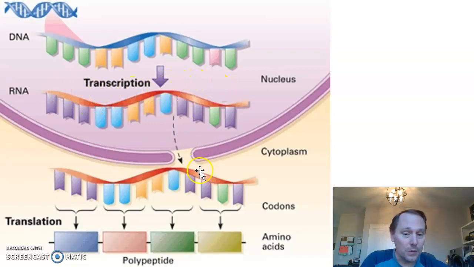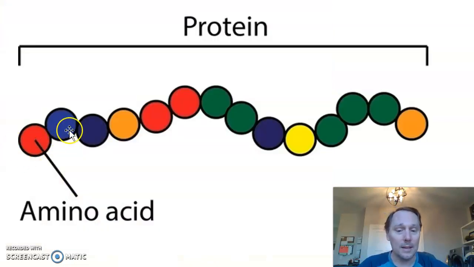It then leaves the cell, takes it out into the greater cytoplasm, and every 3 letters translates to an amino acid. We put these together, we're forming protein. We are linking these together to form protein, all right?